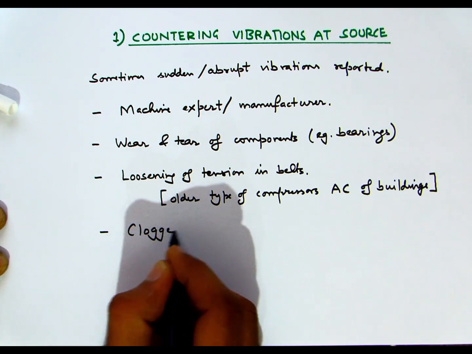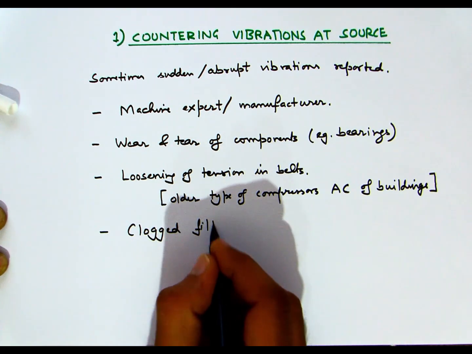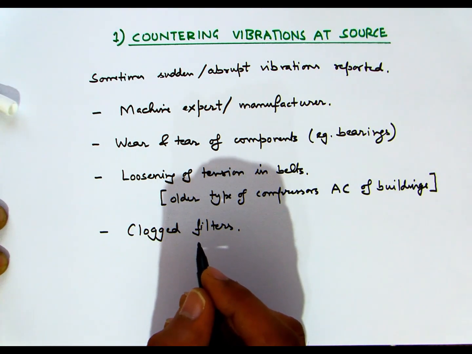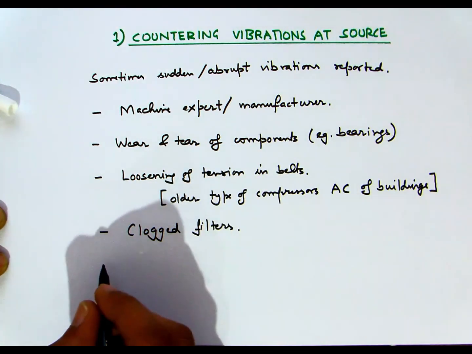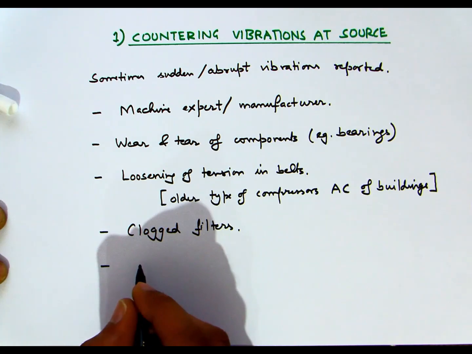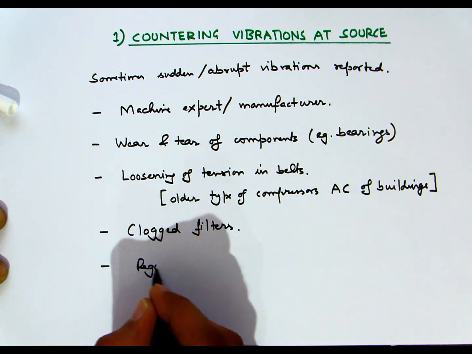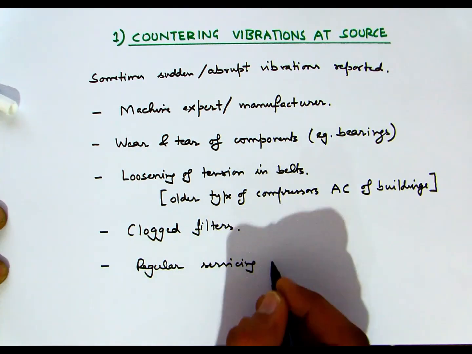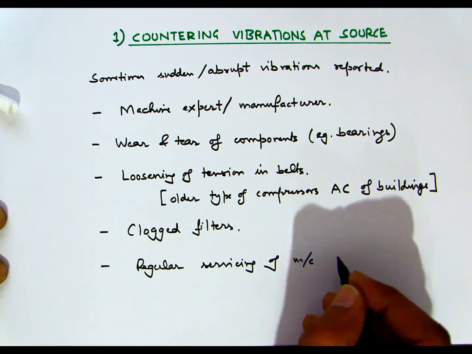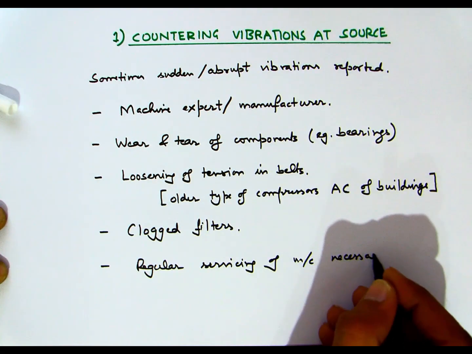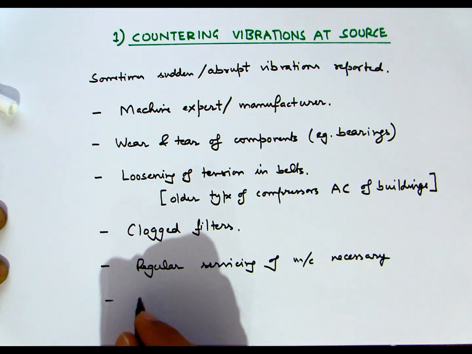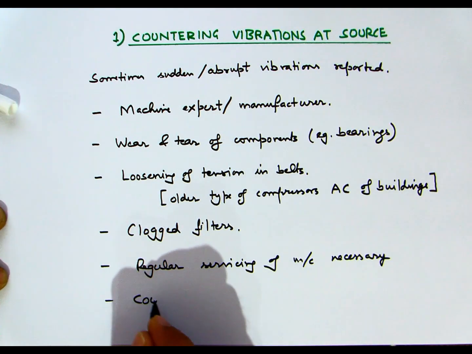Or clogged filters, again a problem associated with the air handling units of buildings. So it's very important that the machine which is operating should be regularly serviced by the manufacturer or his authorized representatives.